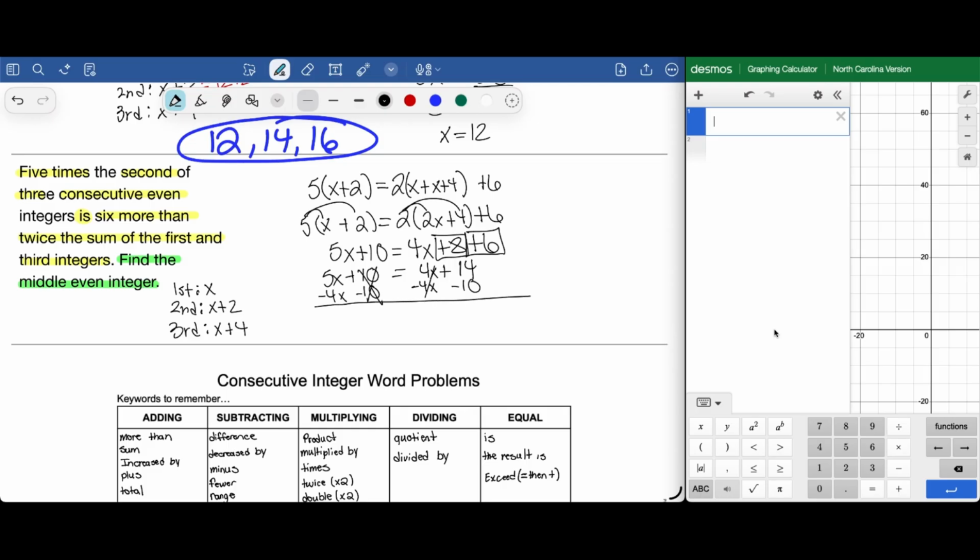Anything that doubled up will be marked out. So that's really 5x minus 4x, which is 1x. And then we got 14 minus 10, which is 4. We're going to divide by 1. And this one tells me that x is just 4. So really what we get is first number is going to be 4.